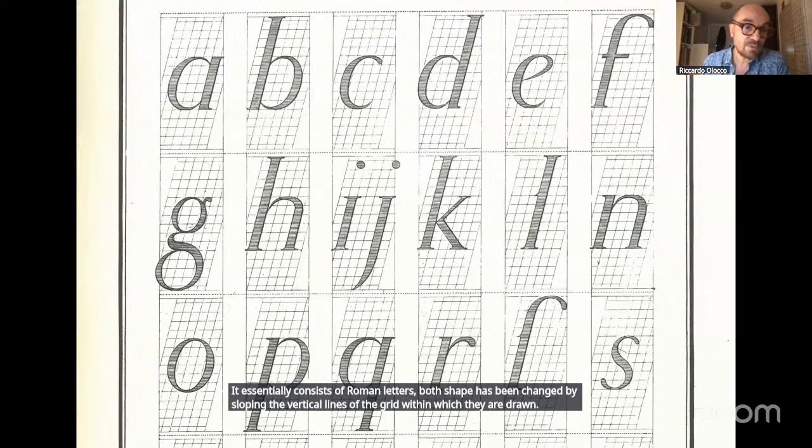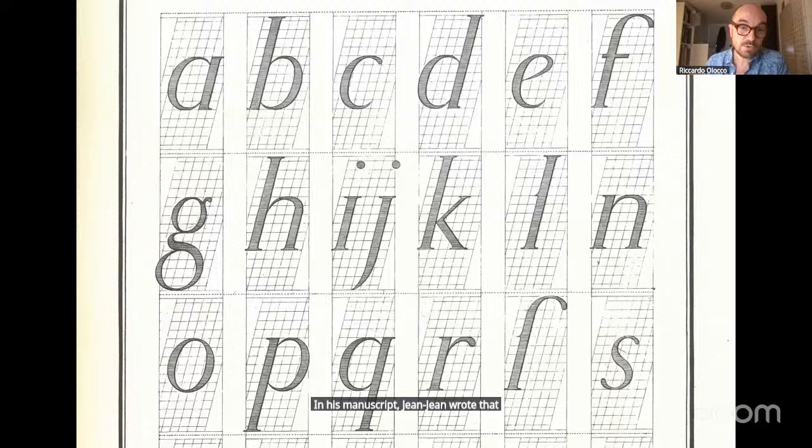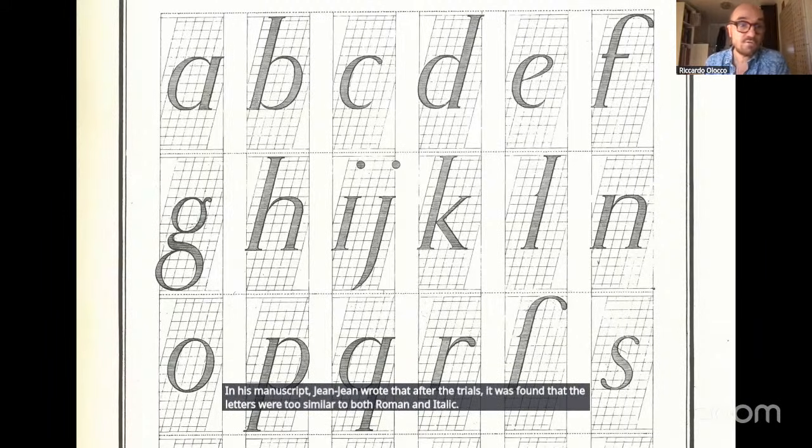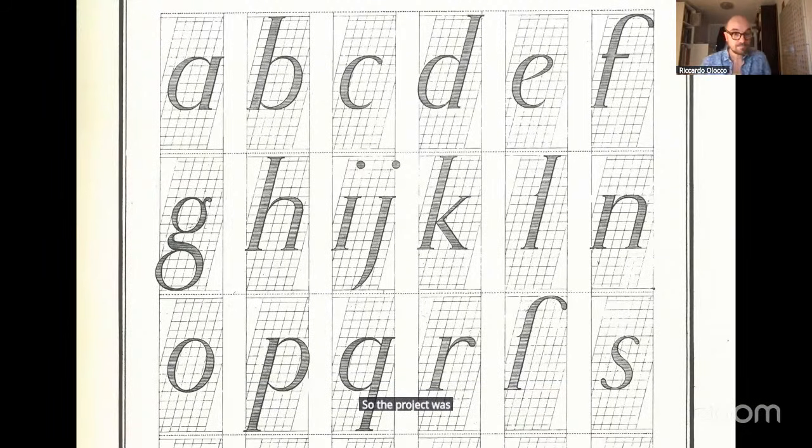In his manuscript, Jean-Jean wrote that after the trials, it was found that the letters were too similar to both Roman and Italic, so the project was dropped. They said it was not put into general use, to quote Jean-Jean. However, there is no evidence that a type was ever produced based on this model.